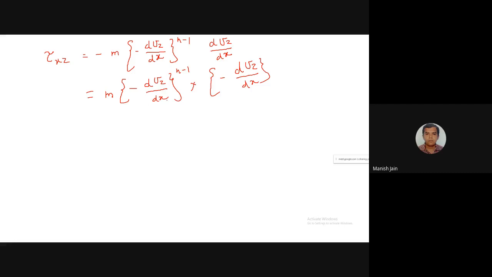Now you can multiply these two quantities, so it will become m in bracket minus dvz by dx to the power n. Okay, tau xz equal to. Now this is equation number 2. Substitute the equation number 2 in equation number 1.